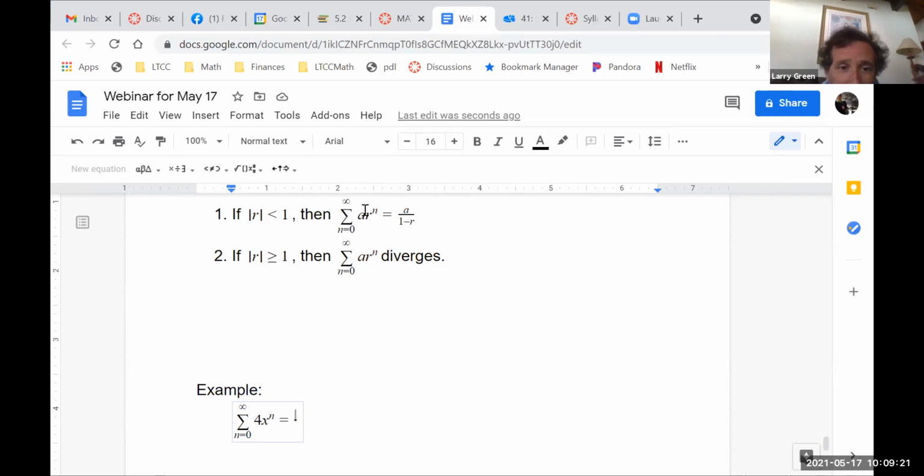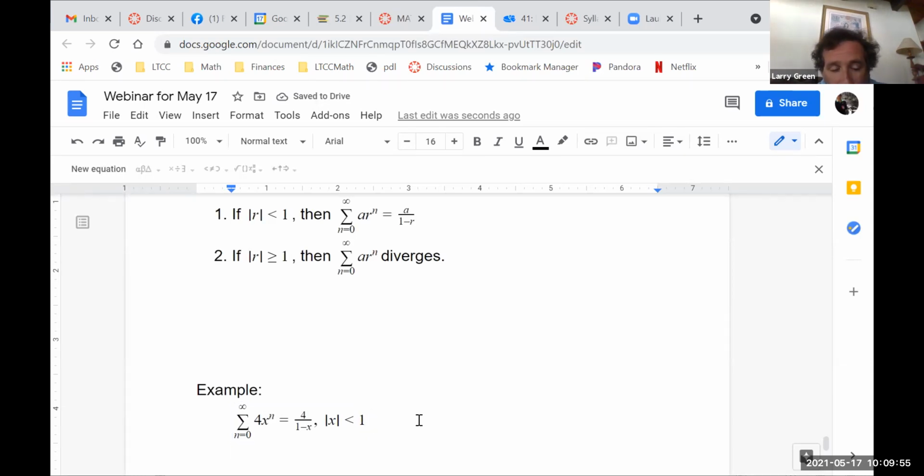Just plug in. A over here, A over there, 4 over here, 4 up on top. We have r over here, 1 minus r on the bottom. So we put 1 minus x, and r in this case is x. And this only works for the absolute value of x less than 1.